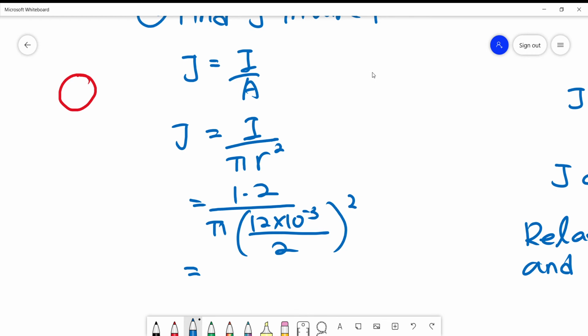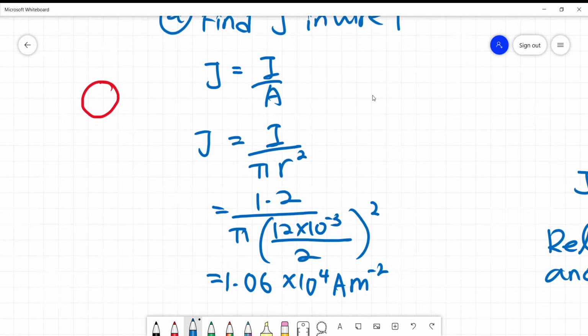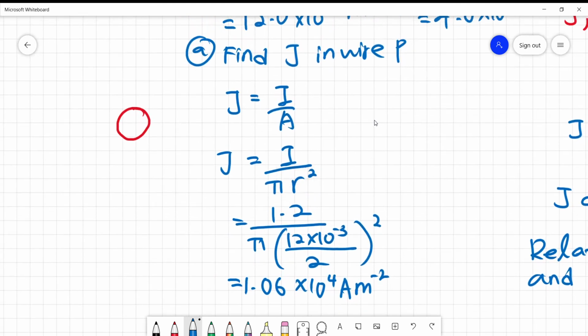If I calculate the value, what I get is 1.06 times 10 to the power of 4 ampere per meter square. Alright, so this is how we find the current density.